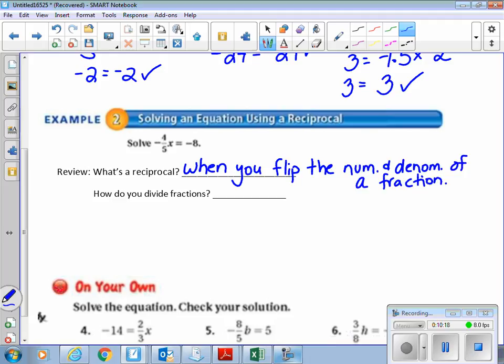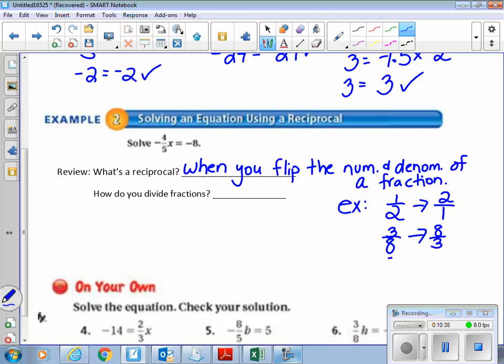So let's do some examples there. If I had the fraction 1/2, its reciprocal, we would flip them, would be 2 over 1. If I had the fraction 3/8, its reciprocal, I would flip it, would be 8 over 3.